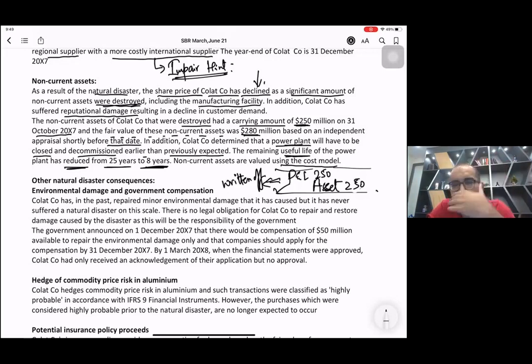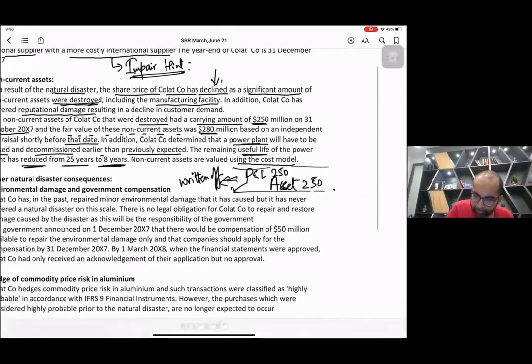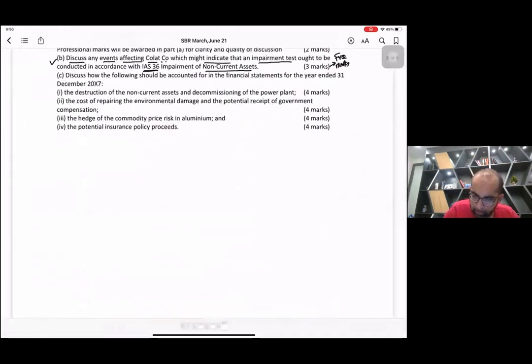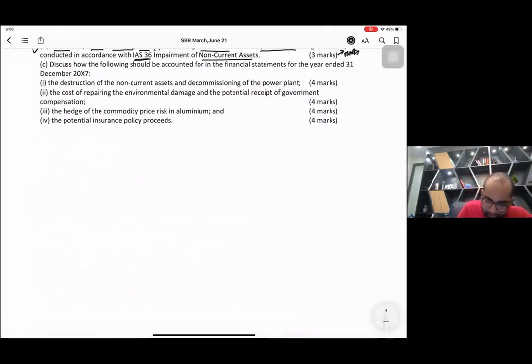Okay, now wait, let me explain. Let me try my best to explain decommissioning liability, because this is a basic topic. Sometimes we call it compulsory disposal cost. Let me shift the page first. Listen, this is year 0.